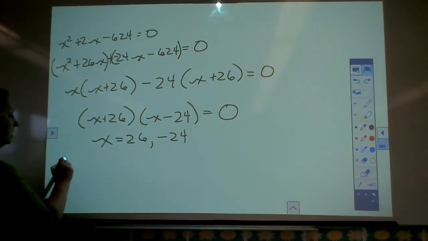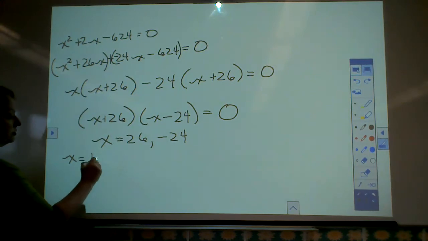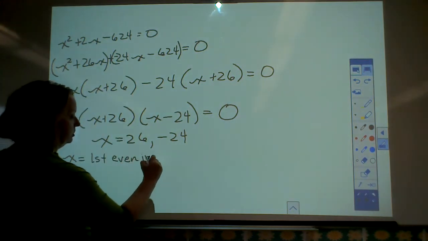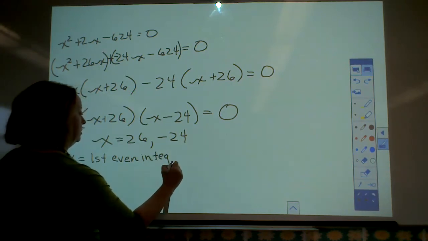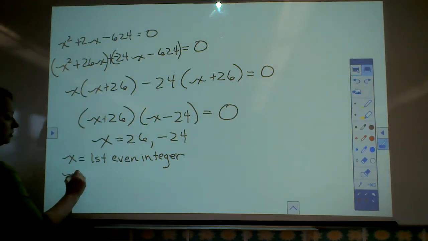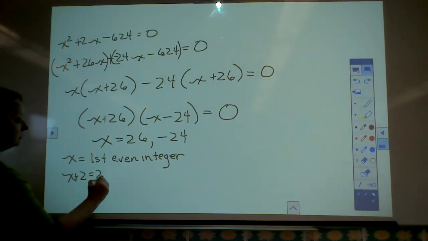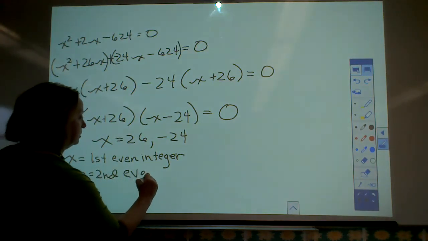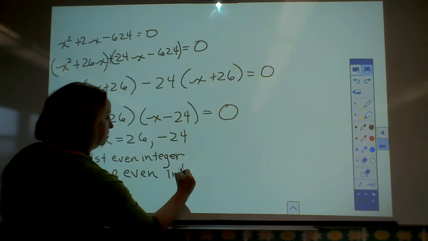So remember, x is the first even integer, and x plus 2 is going to be the second even integer.